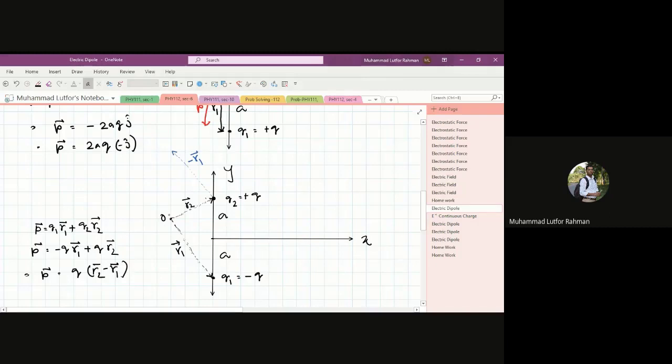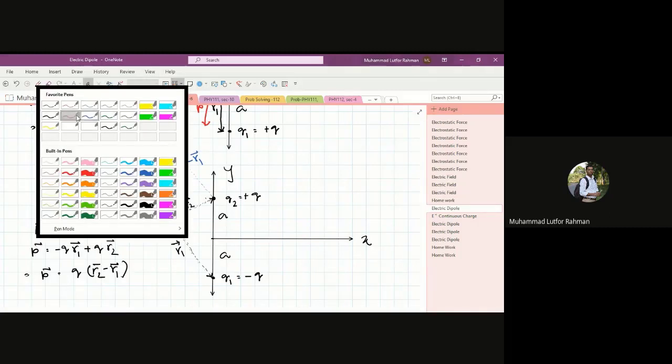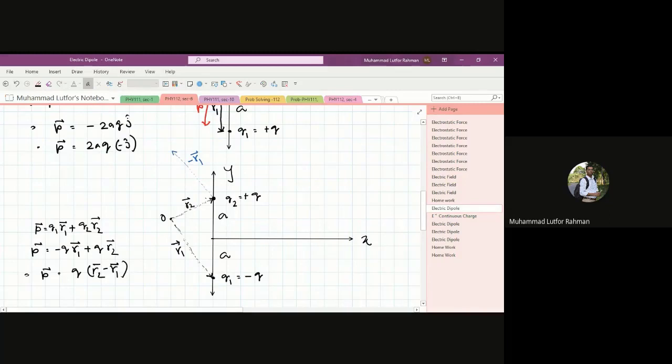There's a reason why I do that. Then look at this. The R2 head is connected to the tail of the second vector. Then if I write down this R2 vector plus minus R1 vector, using the vector triangle law I'll find out R2 minus R1, and that resultant vector would be towards that direction, right? Using the vector triangle law, we can write down this one.